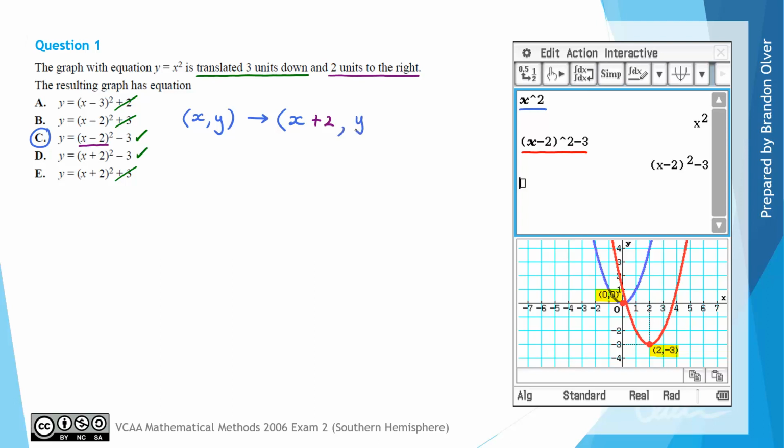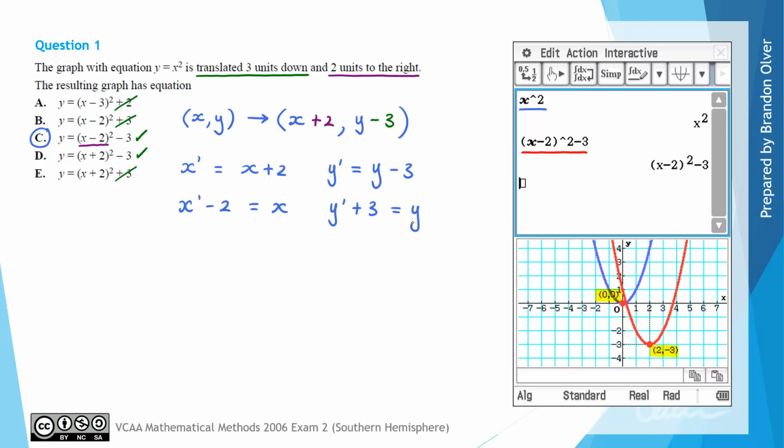Then we can say that x dash is equal to x plus 2, and y dash is equal to y subtract 3. Then we rearrange for the non-dash terms, so x dash subtract 2 is equal to x by itself, and y dash plus 3 is equal to y by itself.